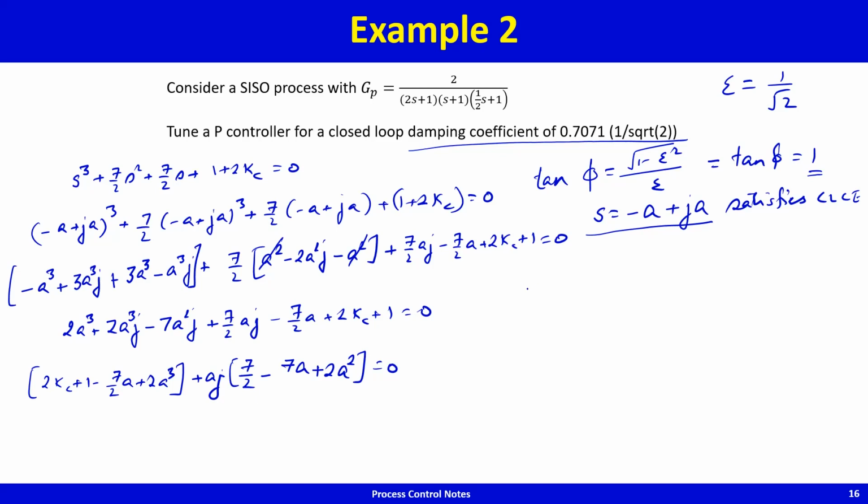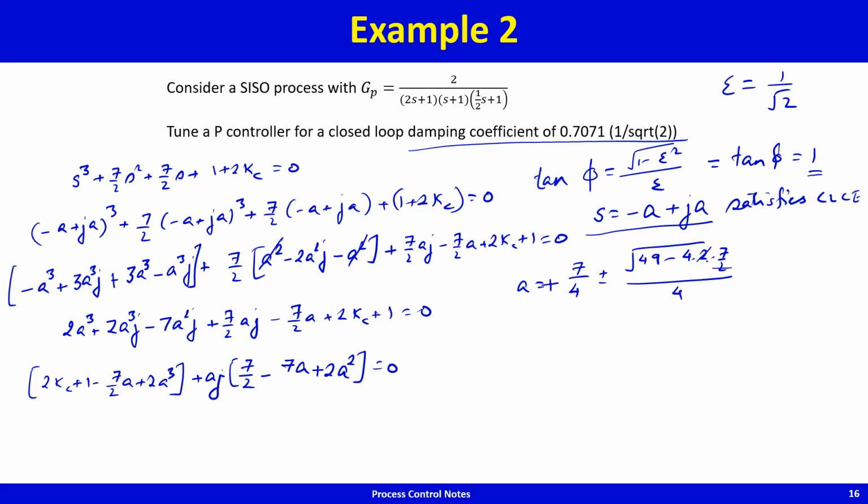So a is equal to minus b plus minus square root of b square minus 4ac, divided by 2a, which is 4.